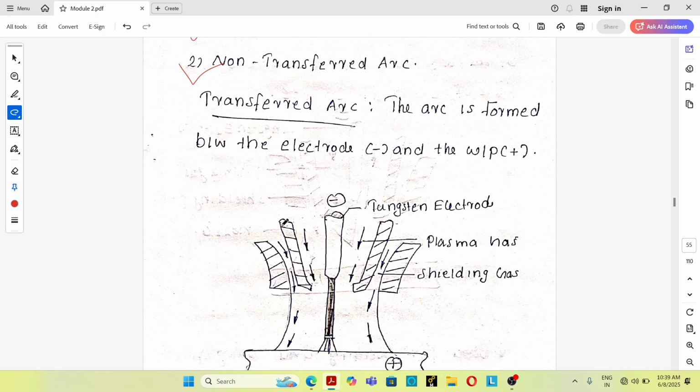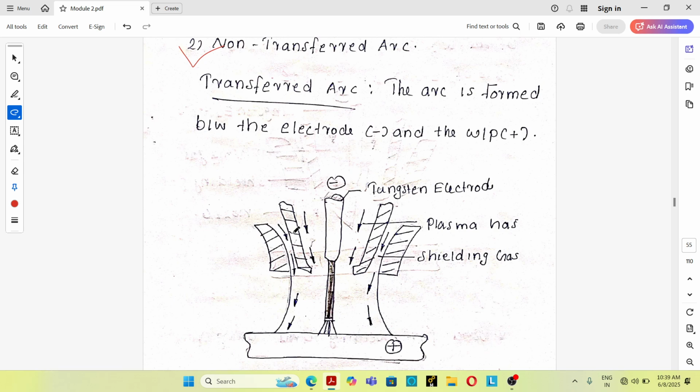Transferred arc process. In the transferred arc process, the arc is formed between the negative electrode, that is the tungsten electrode, and the positive workpiece. The arc is transferred from the electrode to the workpiece.